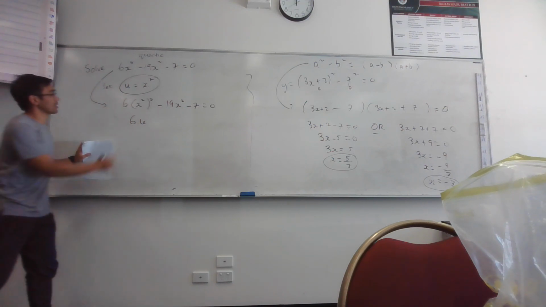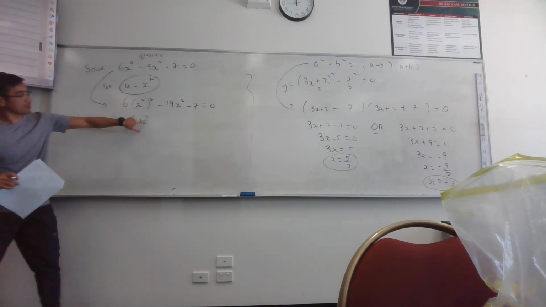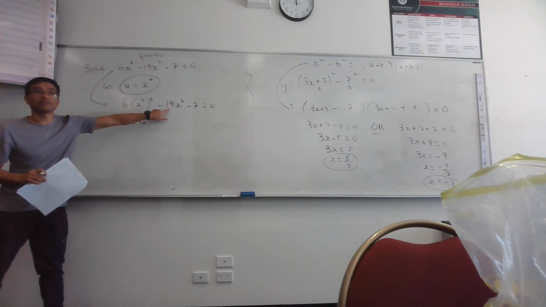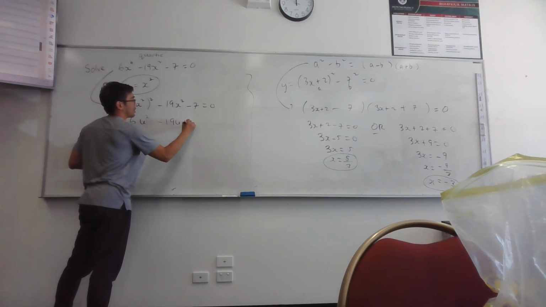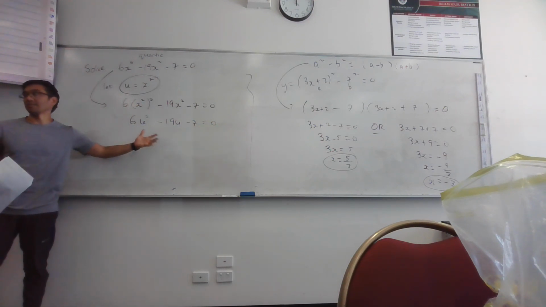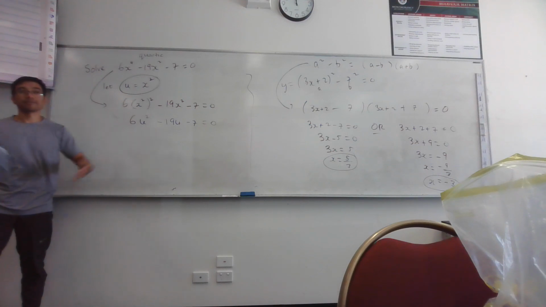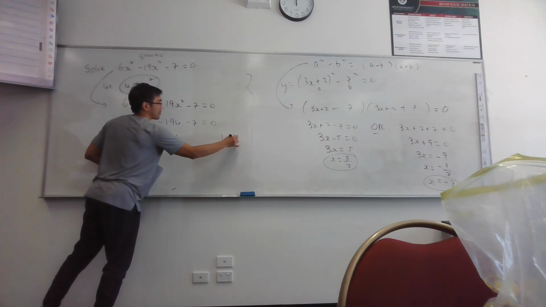I can now do that squared because this bracket is this u. What's this going to become? Nothing new. Good. Now we're going to pretend they're x's, that they're u's. Now this can break up.